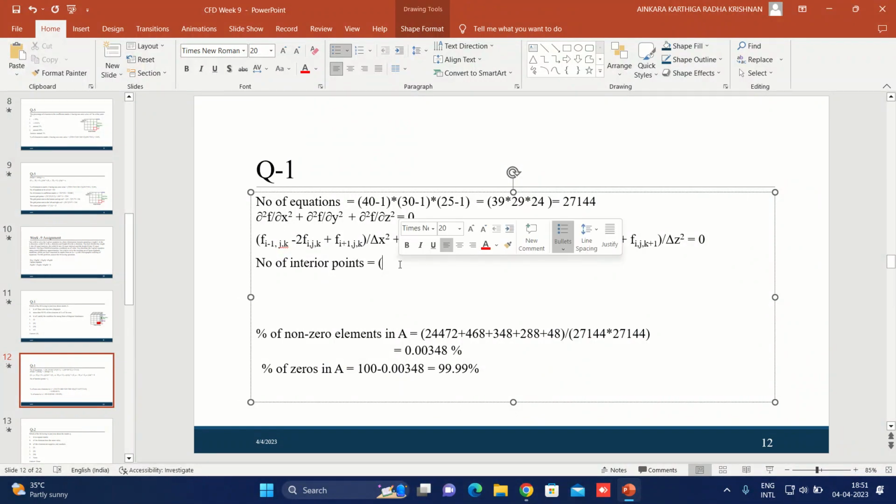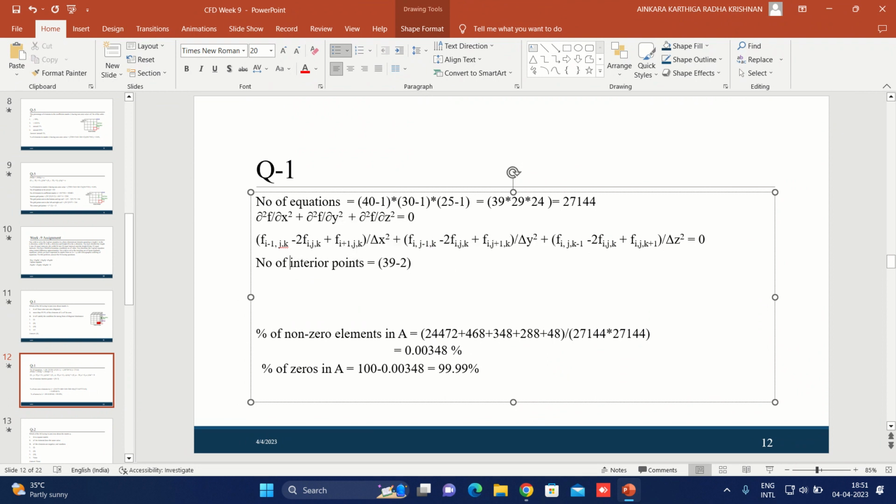So in this it would be 39 minus 2, because we are leaving out the two boundary extremes. We are leaving out the nodes that are present immediately next to the boundary.